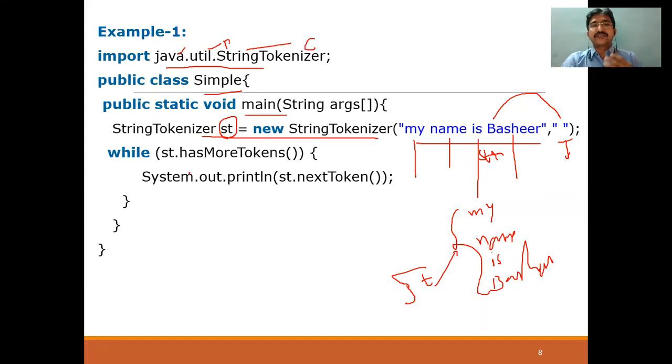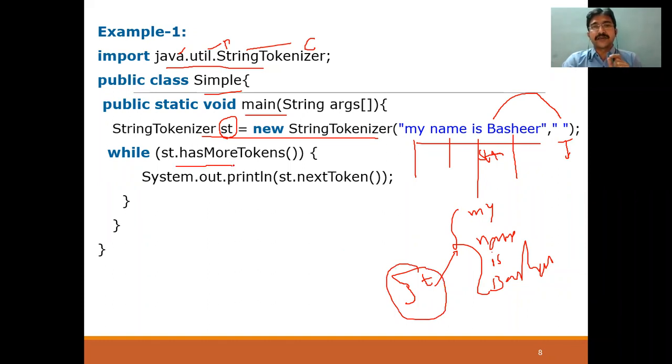Now I want to display those tokens. To display them, first of all we have to check whether tokens are available in the string tokenizer object, which here is st. Now, st.hasMoreTokens.